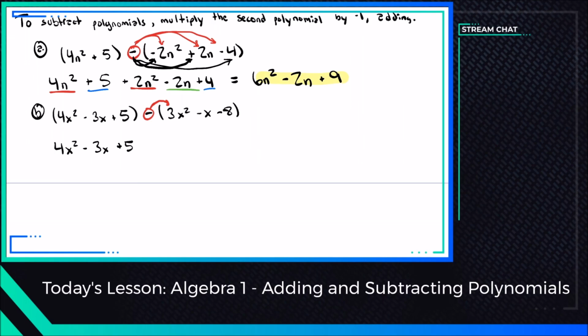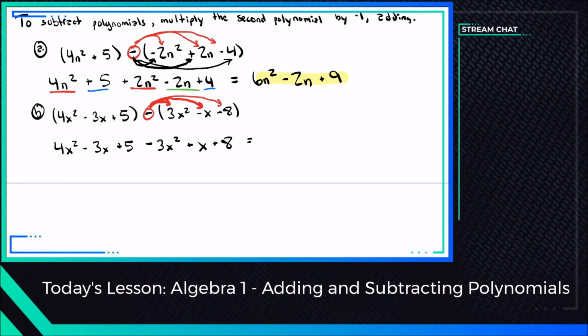All right, this negative is going to be distributed to that 3x squared, so that's going to be minus 3x squared. This negative is going to distribute to the negative x, so that is going to be a positive x. And this negative is going to distribute to the negative 8 to become a positive 8.